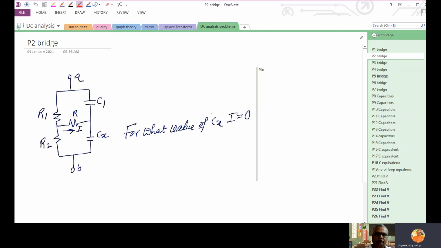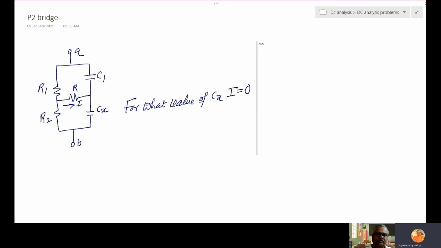Now, the second problem: for what value of capacitor Cx is the current I in the resistor equal to 0?